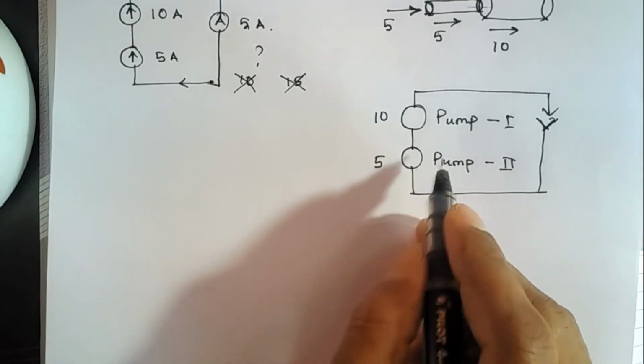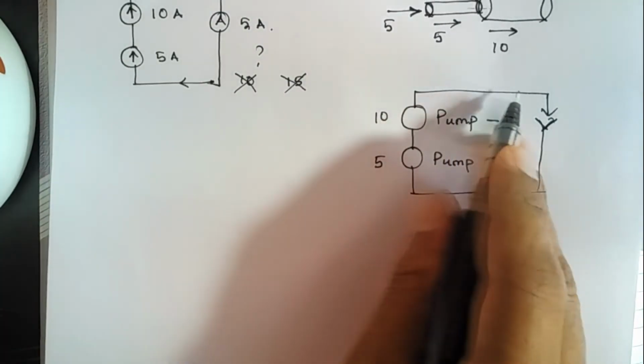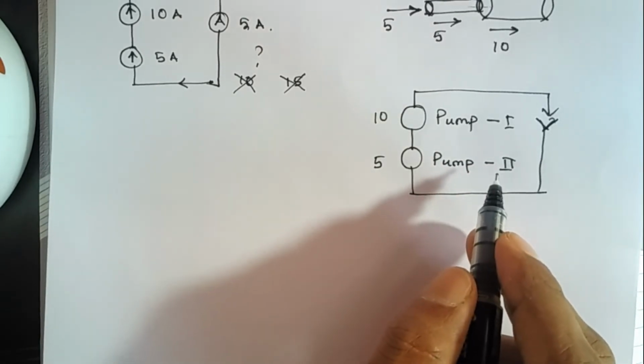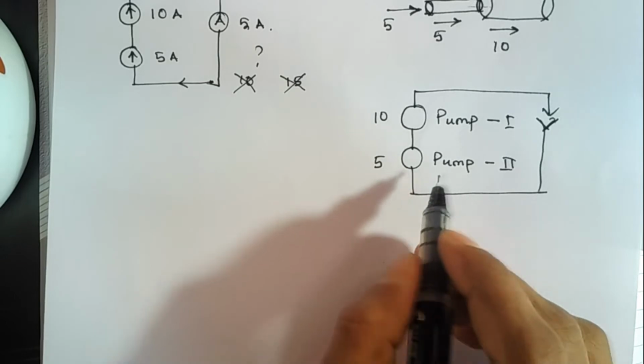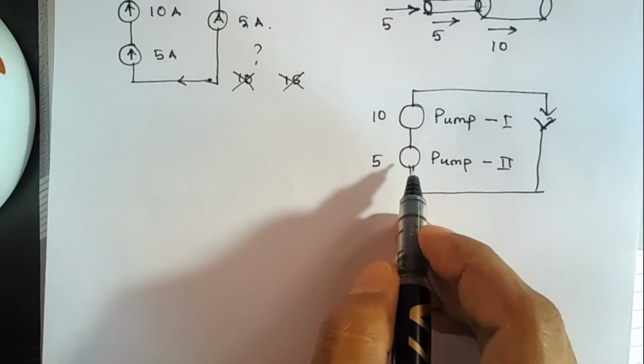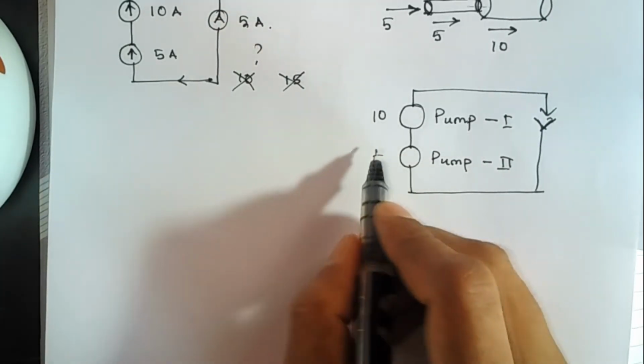If we connect more than one pump, 2 pumps, then this pipe will be able to flow the heavy unit of water. Here are 2 pumps.